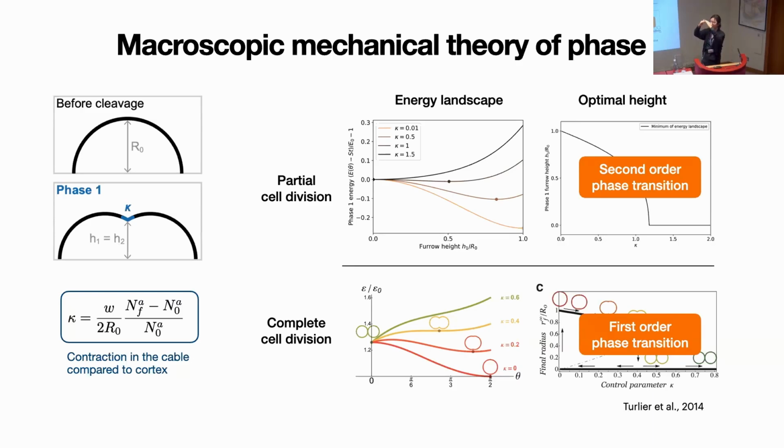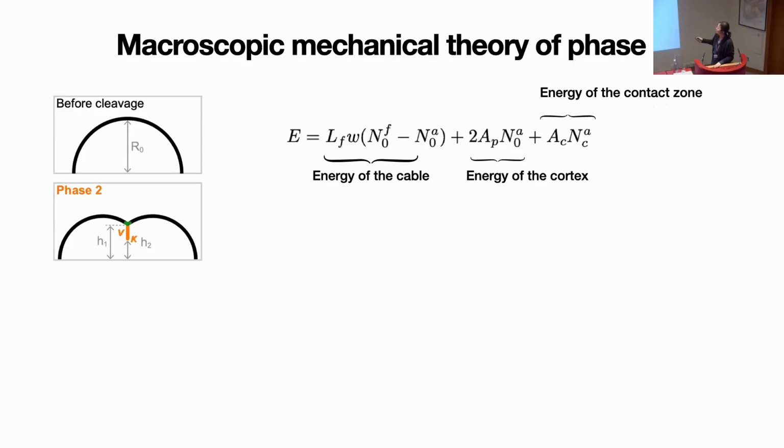Initially it's a hemisphere and then it's approaching a straight line, whereas in the second case you have a ring that turns into a smaller ring and then vanishes. We think this difference in geometry matters: in the second case, constriction actually becomes easier towards the end, whereas in the first case constriction does not get easier as you approach the end of cytokinesis. Okay, and then we look at phase 2.